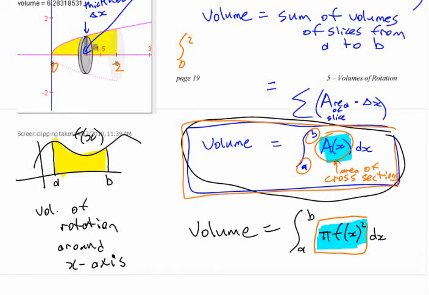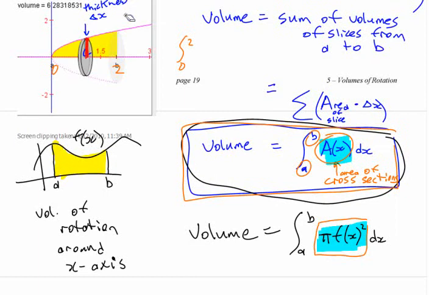Square root of x is the radius. This thing right here is the radius. The height of that function is the radius. The value of the function, and that's important to see, the value of the function is the radius of the circle. Okay? F of x, or in other words, in this case, it's square root of x, right? That's squared times pi, because it's pi r squared, area of a circle, times dx. This is what the volume of that shape would be.